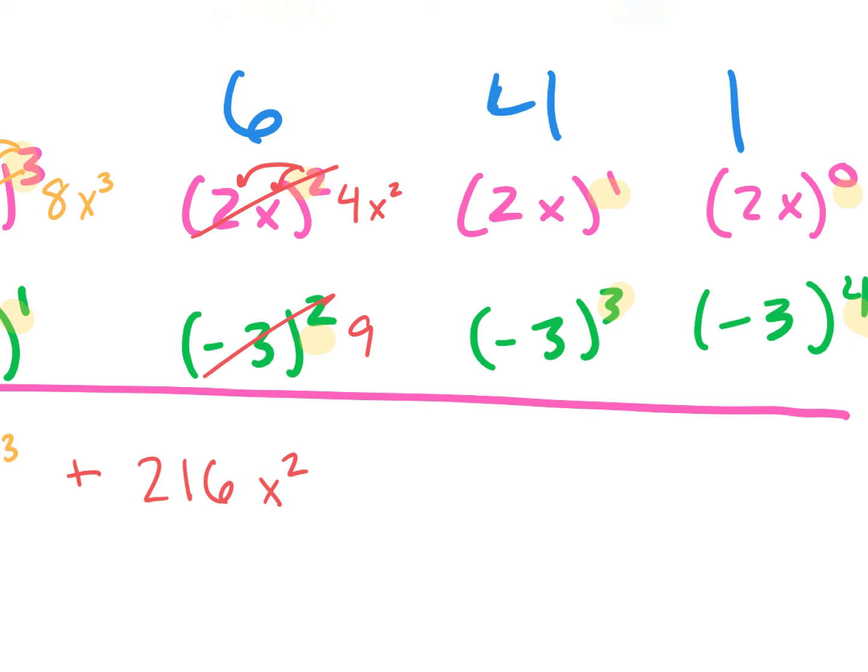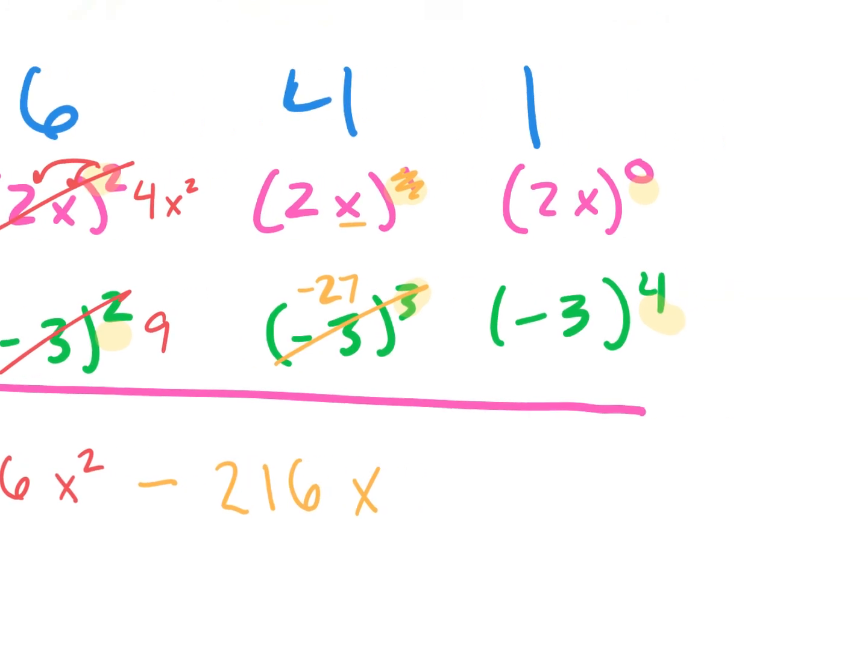So in the next one, it's 2x to the power of 1, which is just 2x. And then what's negative 3 cubed? Negative 27. So it's 4 times 2 times negative 27, which is negative 216 again. x, because we just have one x there.